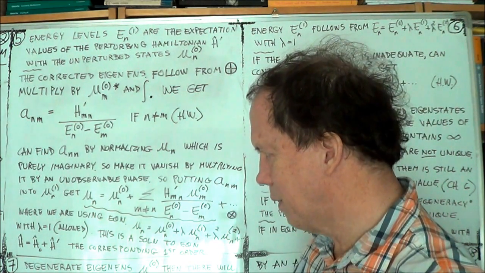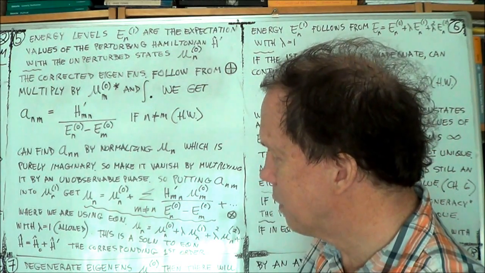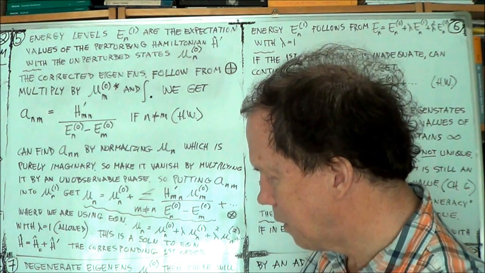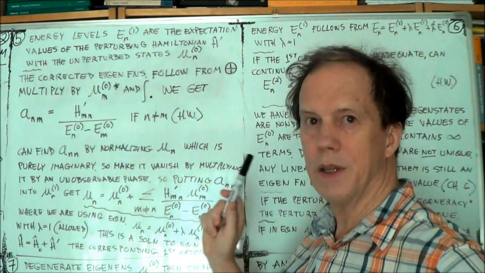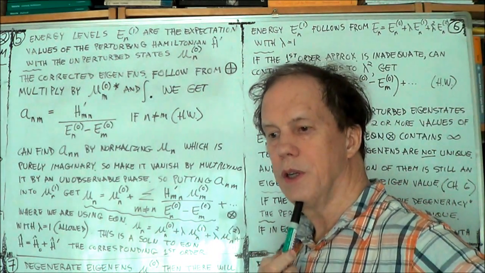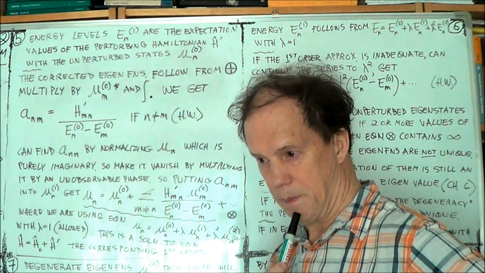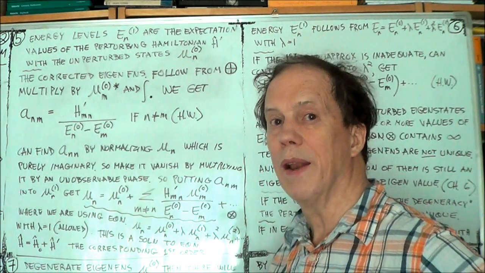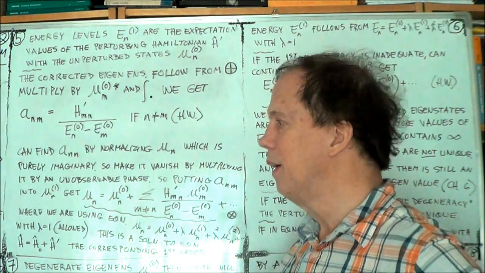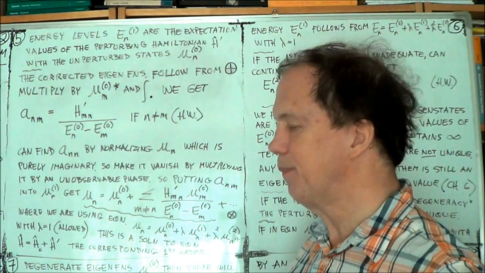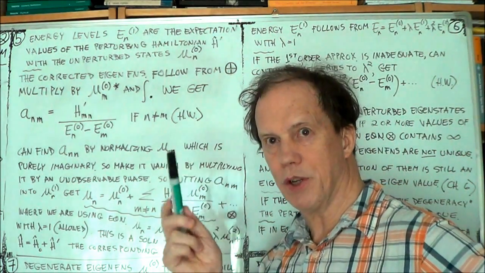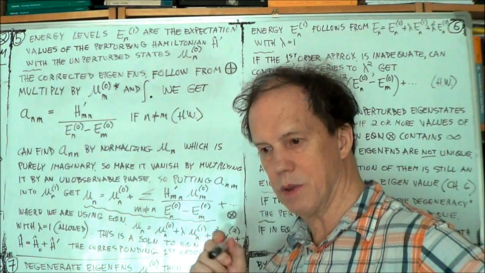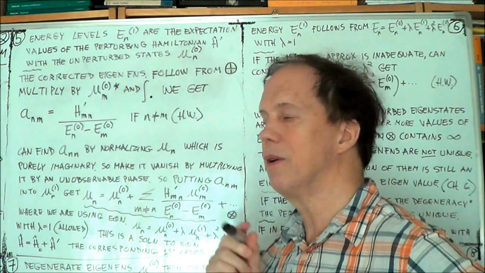Now, from the previous, was it the previous one session? Yes. Now, remember we expanded the first order correction to the eigenfunctions, U1 or UN1, as a weighted sum of the eigenfunctions of the unperturbed Hamiltonian. In other words, the UN 0.